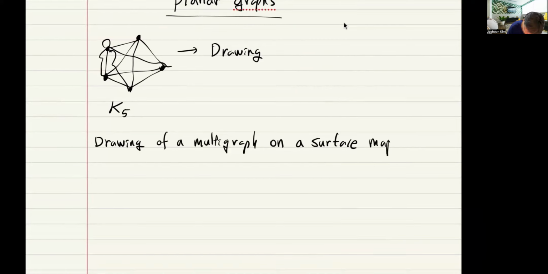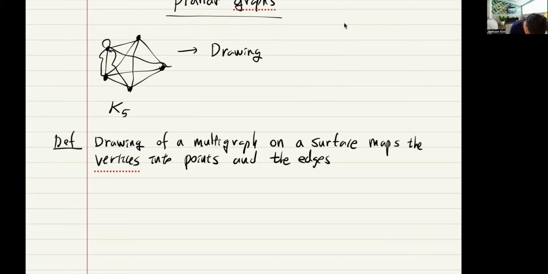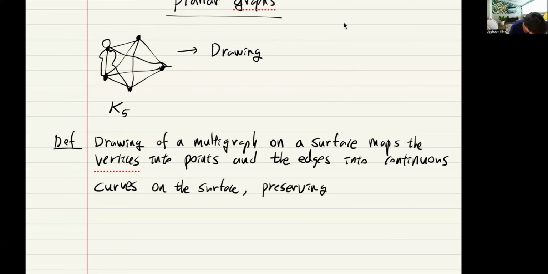And that maps the vertices into points, and then maps the edges into continuous curves on the surface. And those continuous curves have to connect the endpoints. So let's just write, preserving the incidence relation.